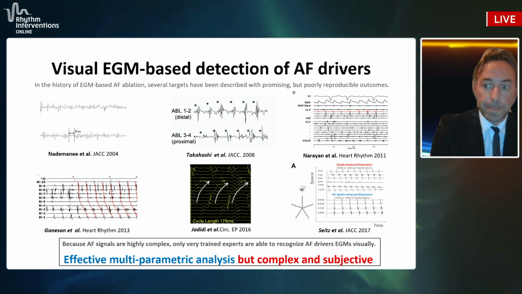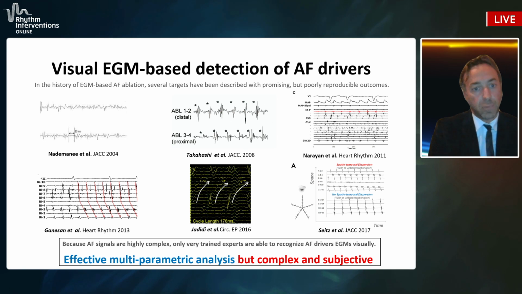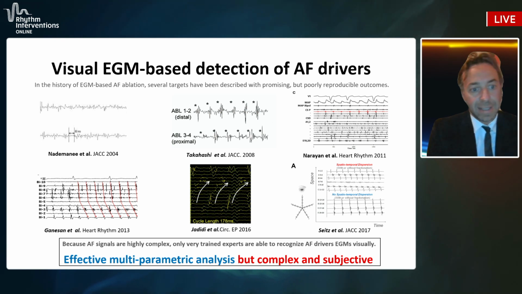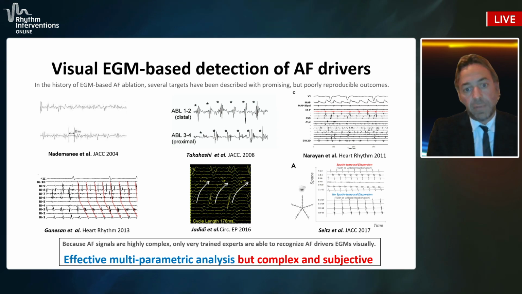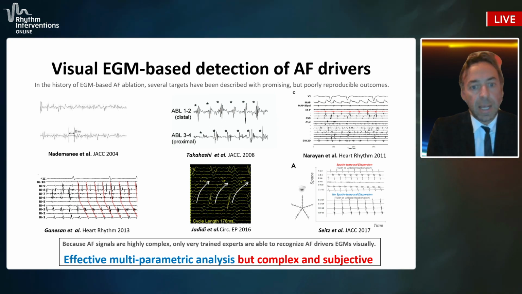First of all, in 2004 with Nademanee's fractionation, and then Takahashi and colleagues, Sanjiv Narayan, when they were in Bordeaux, Ganesan and colleagues, Amir Jadidi and Thomas Arentz, and our group, focusing not only on the fractionation but also on the local activation and talking more about dispersion than fractionation.